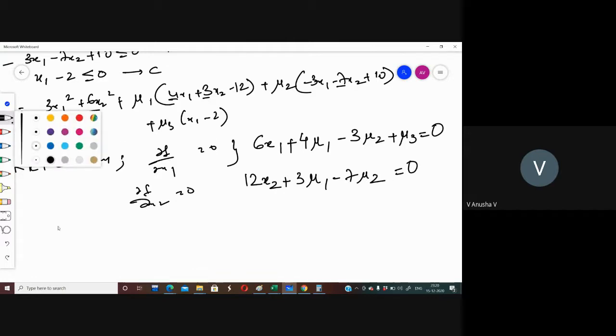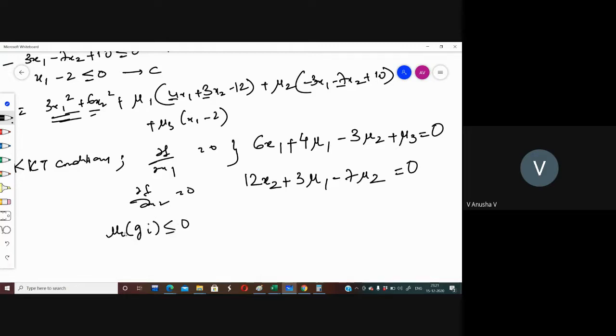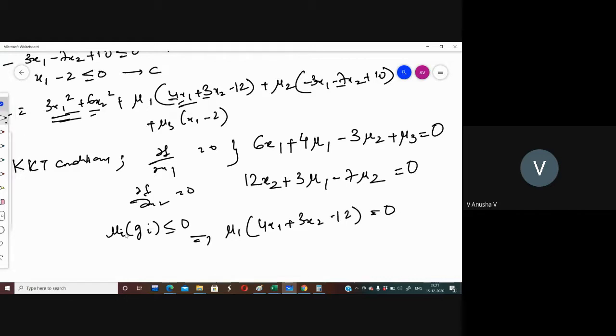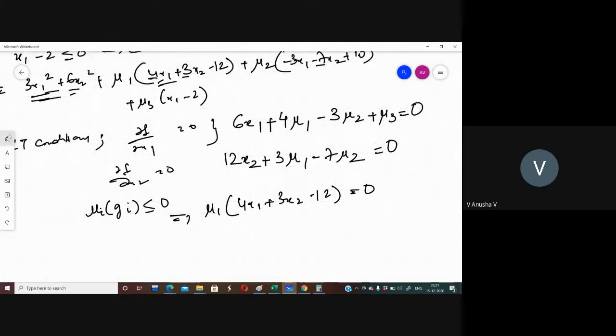Next, we need to find mu i into g i equals 0, right? So what are the conditions we already have here? Mu1 into, this is my constraint, so I am writing 4x1 plus 3x2 minus 12 equals 0. Next two conditions will come.